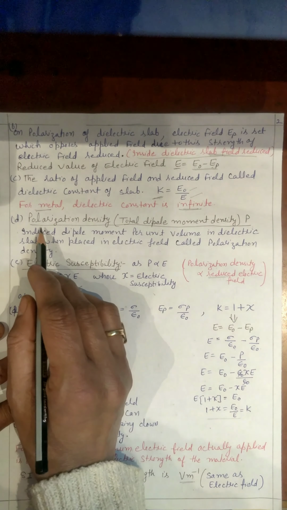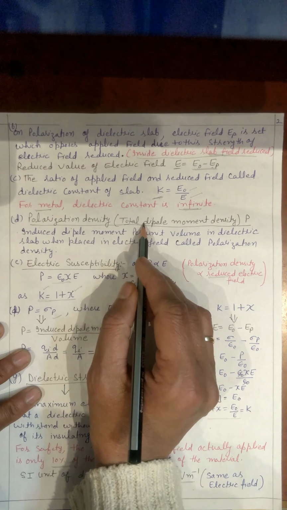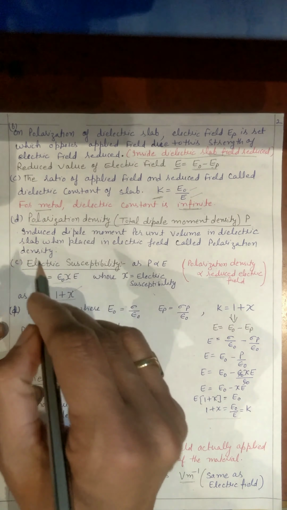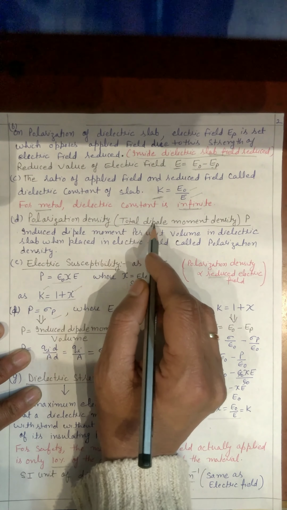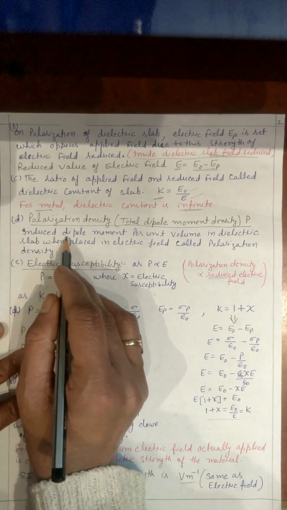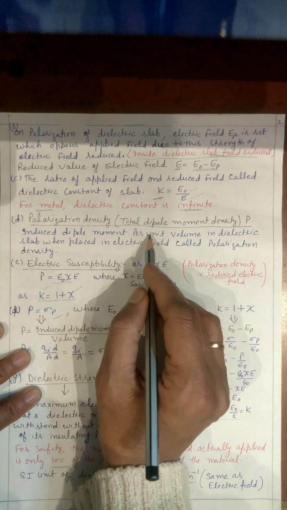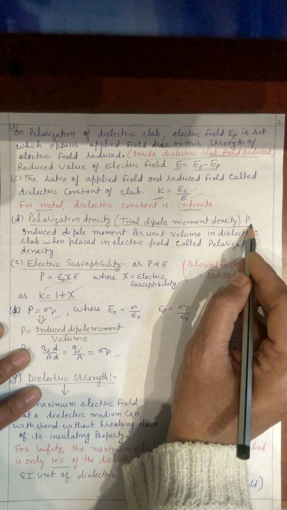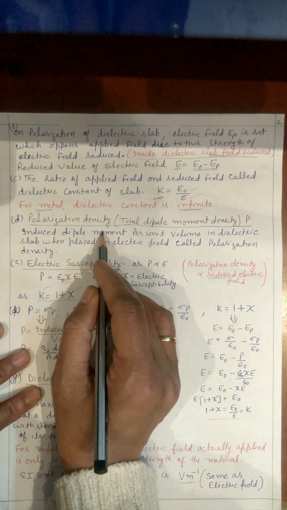Now we have the term polarization density. When the non-polar dielectric is polarized, there is an induced dipole moment, and that induced dipole moment per unit volume, capital P, is called polarization density.